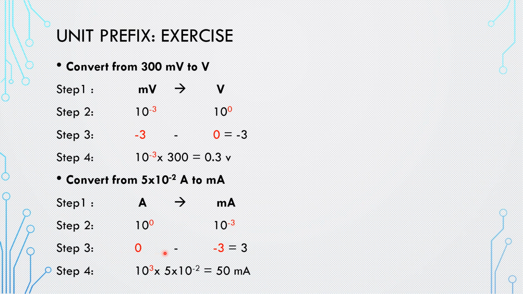Take the power, subtract the old one from the new one. So minus multiplied by minus is positive, and with the new power here we have 3. So you just take this number, put it in the calculator, multiply it by this new power, and this is the result for converting from ampere to milliampere.